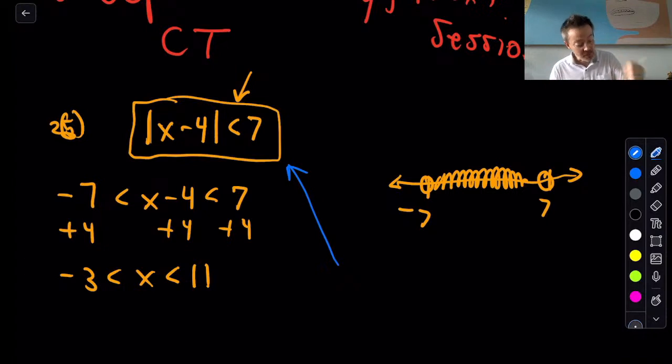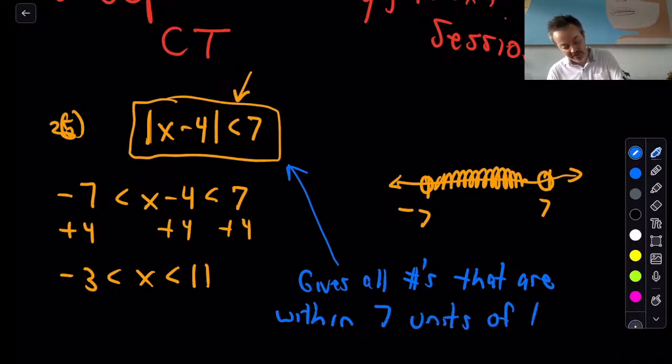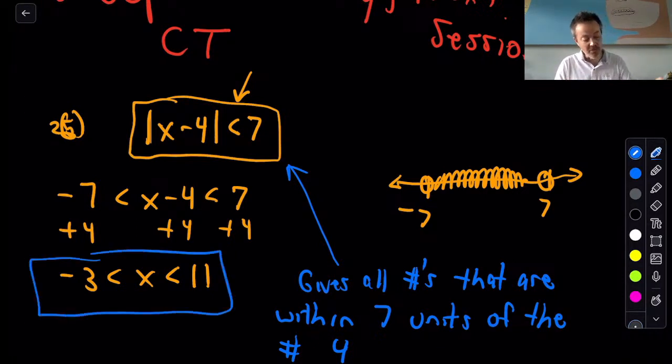This absolute value gives all numbers that are within 7 units of the number 4. The absolute value of x minus 4 less than 7 is giving us all numbers that are within 7 units of the number 4. That's what that absolute value represents.